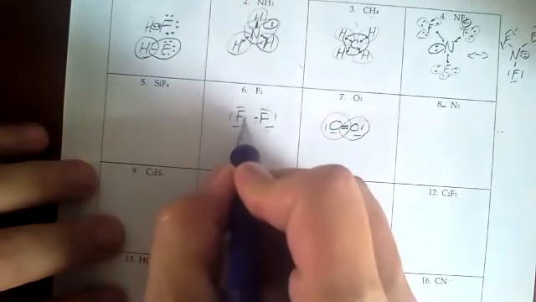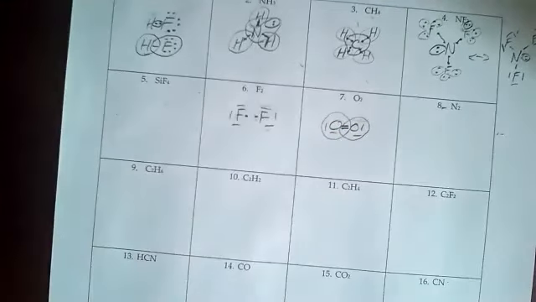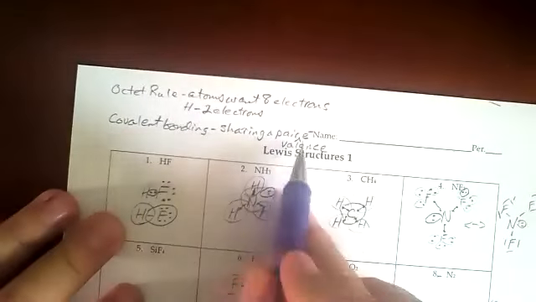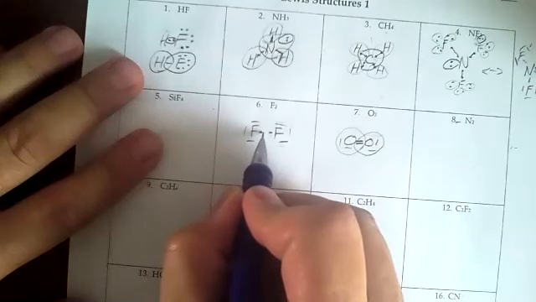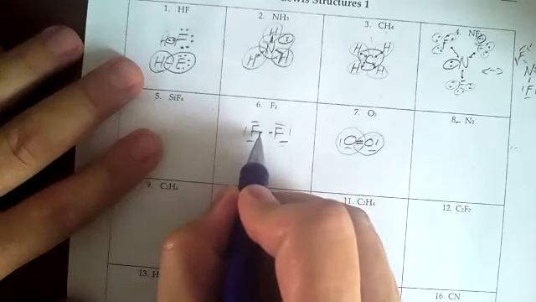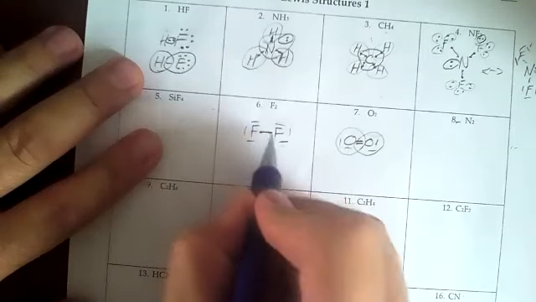2, 4, 6, and 7. Every bond, covalent bonding, is sharing a pair of valence electrons. Let's share that pair. And then we generally illustrate this. Everybody seems to want to illustrate this with a dash.